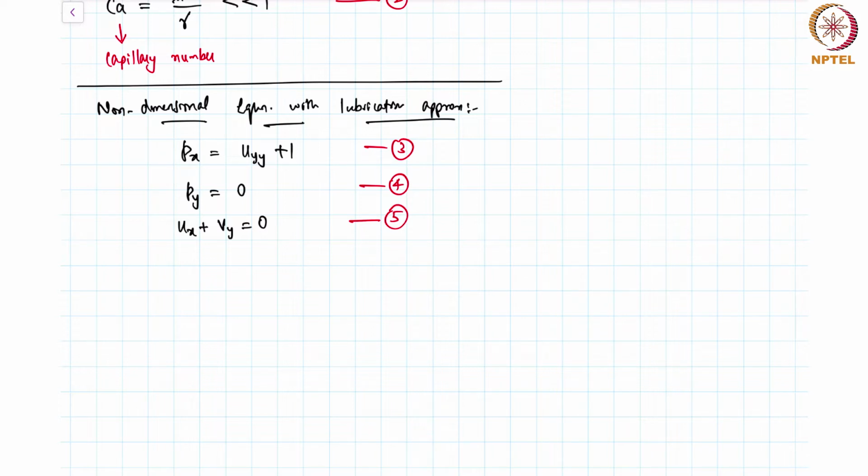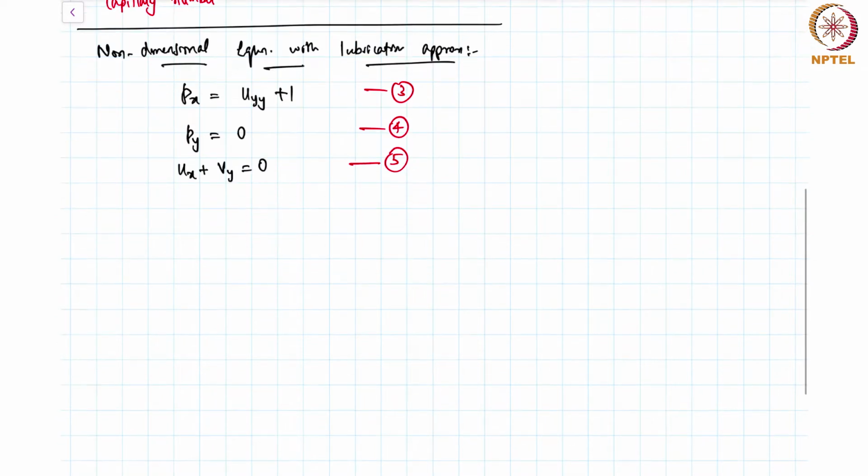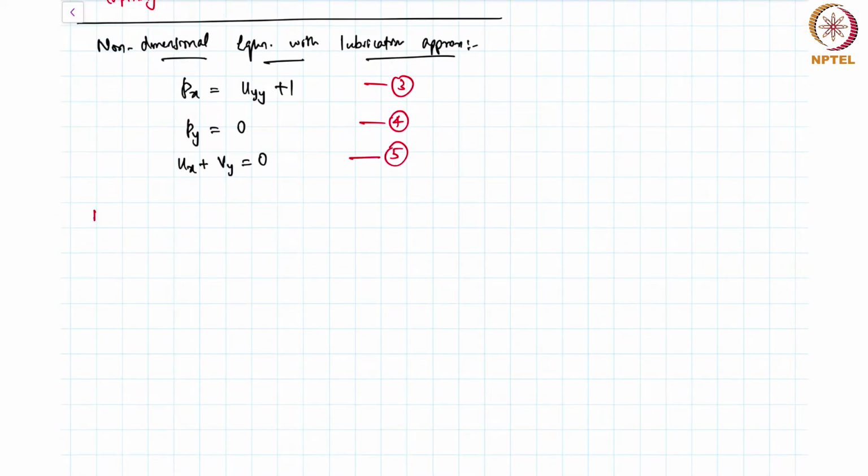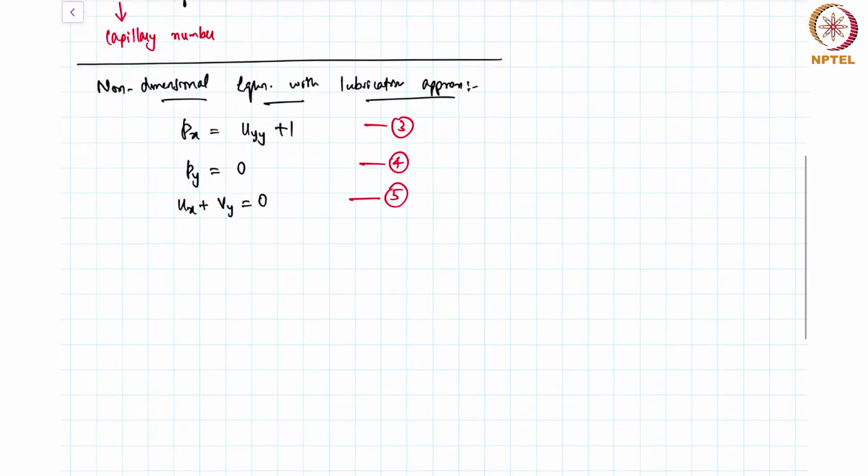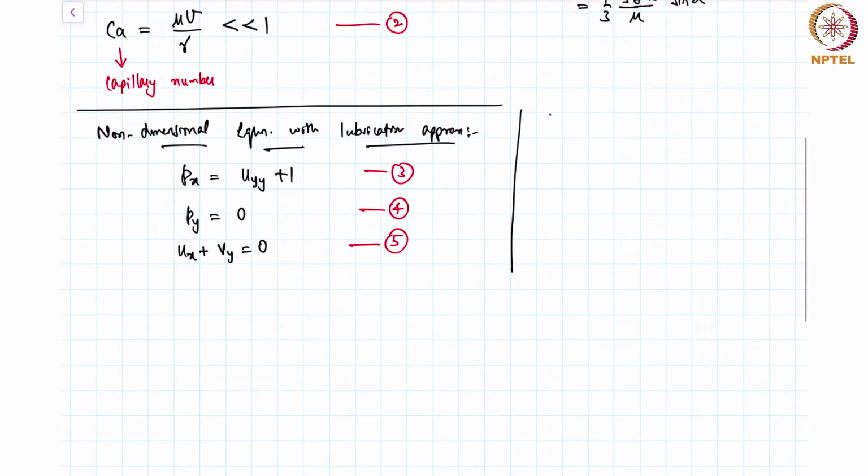So the idea of non-dimensionalization is as follows. How do we do this? We do this by defining the following non-dimensional variables. X is the non-dimensional variable for x, and that simply becomes x tilde divided by D times capillary number to the power 1 by 3.